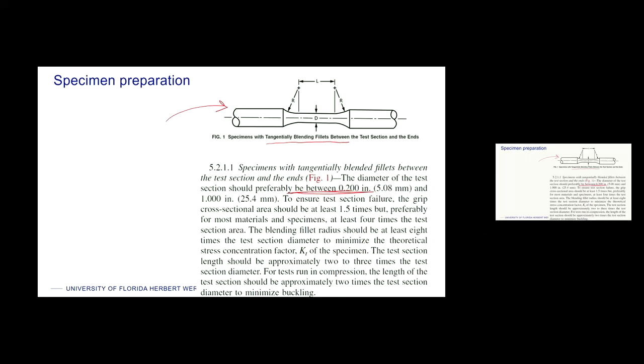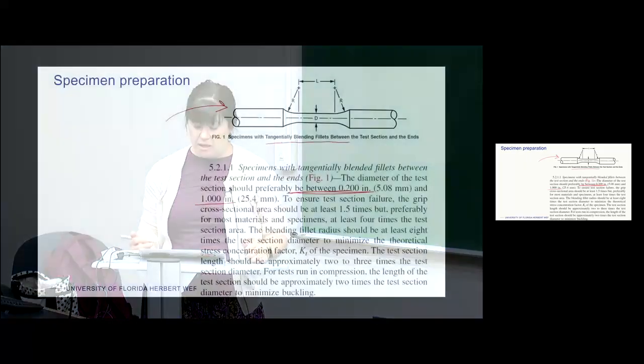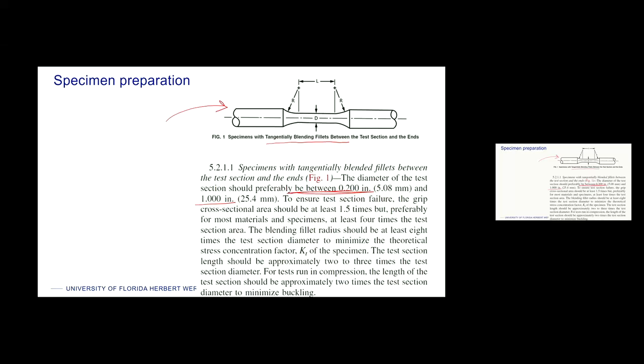So they say the diameter should be between 0.2 inches, right? So that's pretty small, right? Less than 1/4 of an inch, 5 millimeters, and 1 inch. Okay, so you have to have these specimens sort of handheld type size, but they can vary in diameter by a factor of 5.